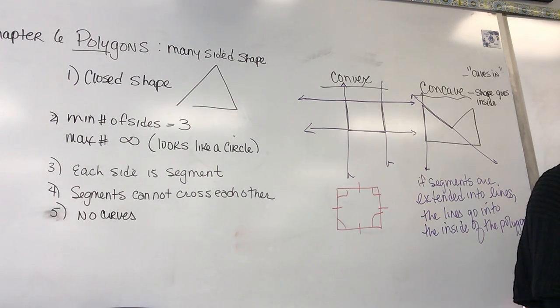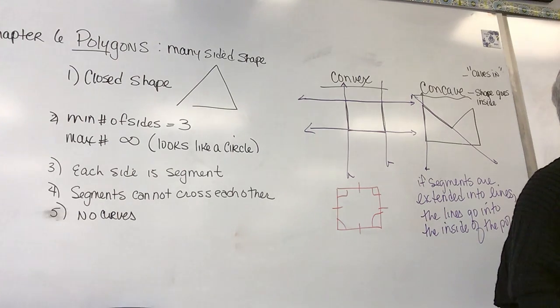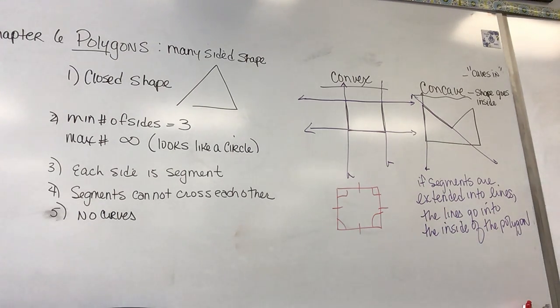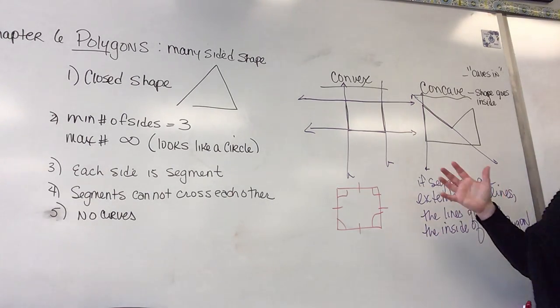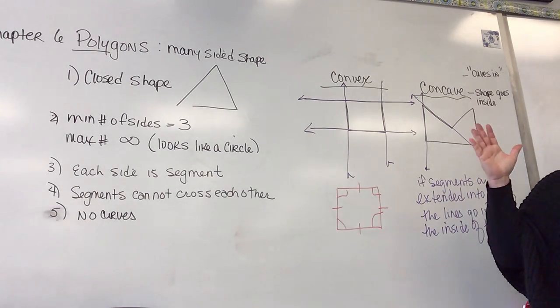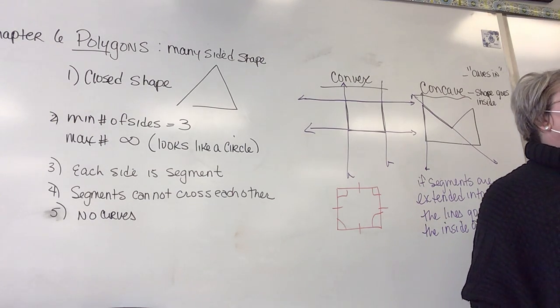What do you think? It's going to be convex all the time. So a regular shape is always going to be convex. What's regular again? Equilateral and equal angular.